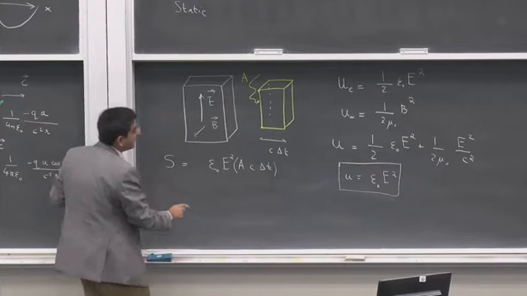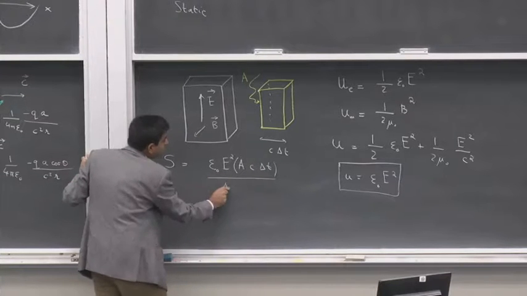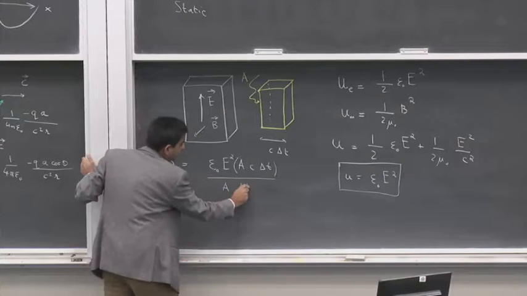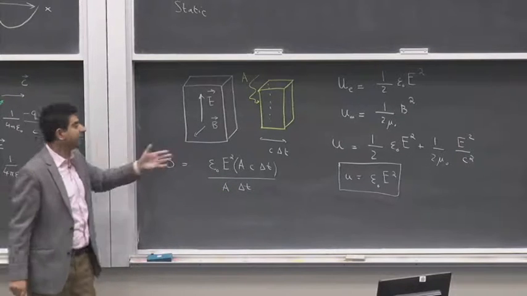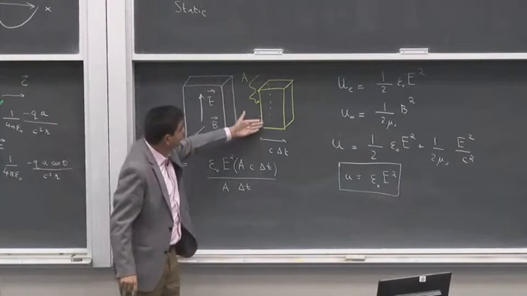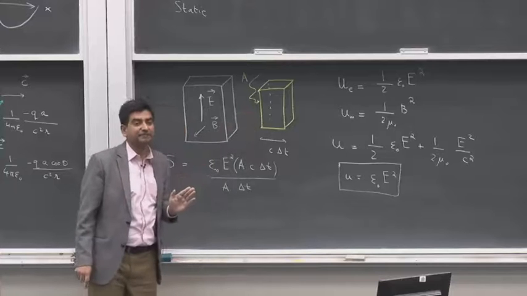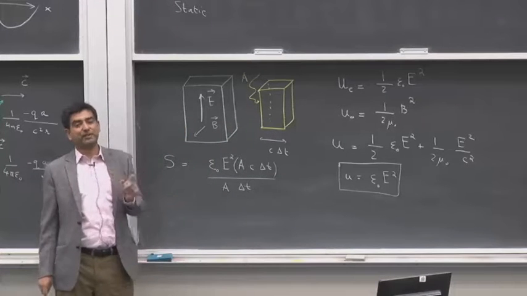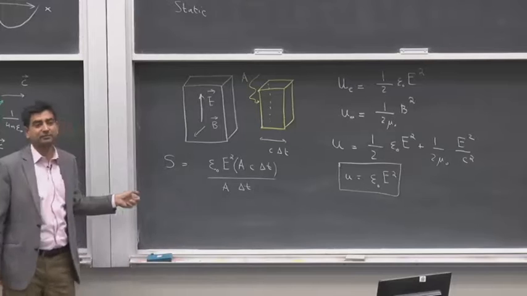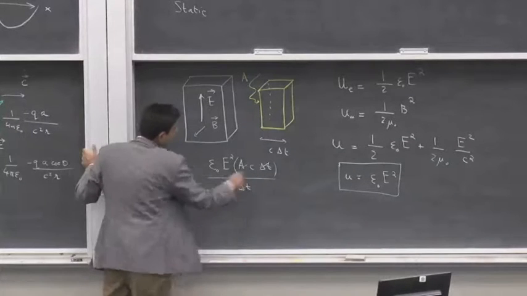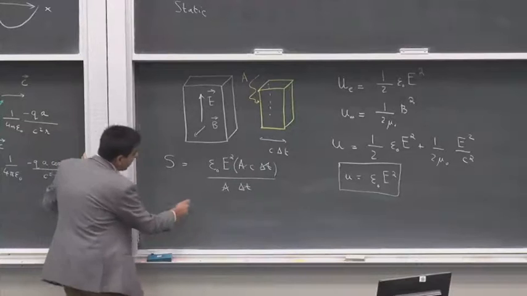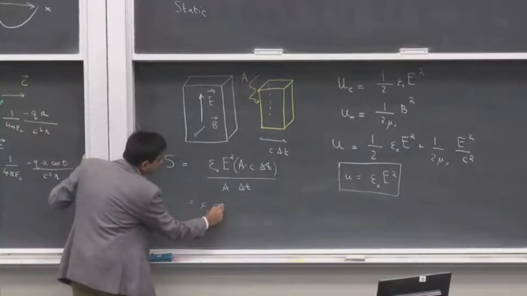But you have to divide this per unit area, and since we're talking about powers, you have to divide by delta t. So this is the amount of energy that pierces this surface per unit area per unit time, and this is just the Poynting vector. So A goes away, delta t goes away, and I'm left with epsilon naught c E squared.